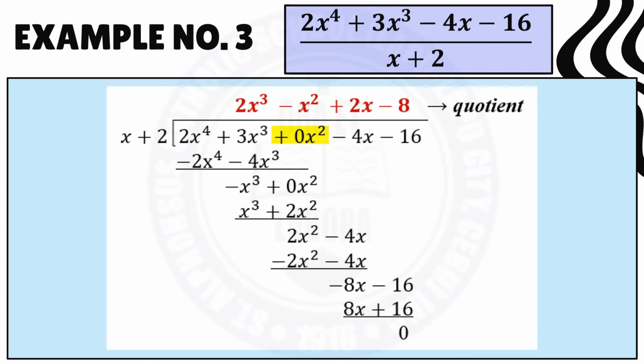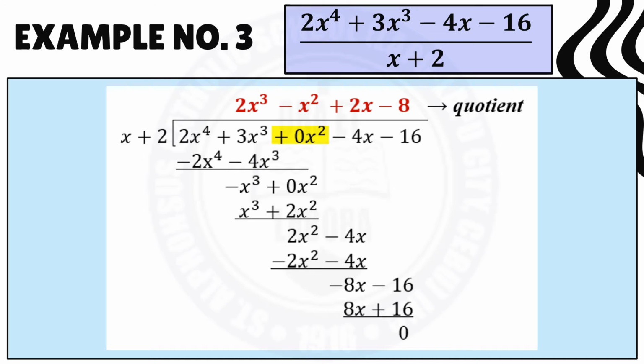Third example, 2x raised to 4 plus 3x cubed minus 4x minus 16 divided by x plus 2. We have to make sure that all terms are present. Like for example, we have x raised to 4, we have x cubed, x squared, x. But in our given dividend, it does not contain x squared as our term.